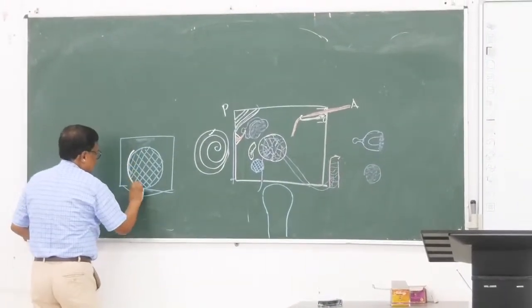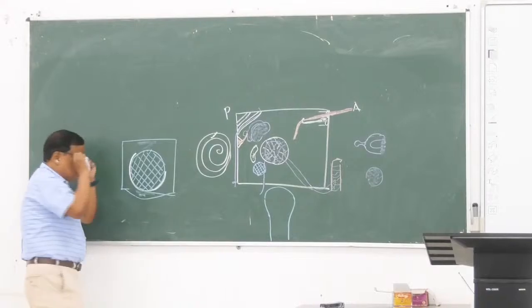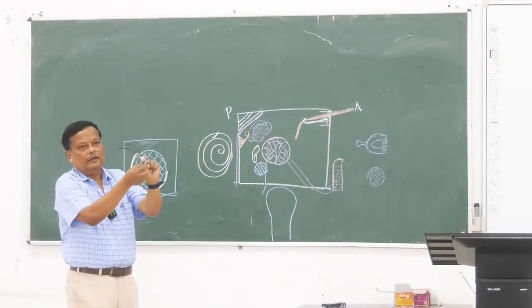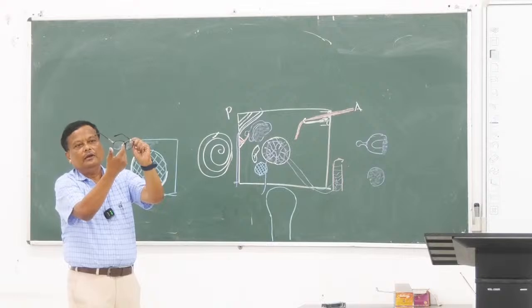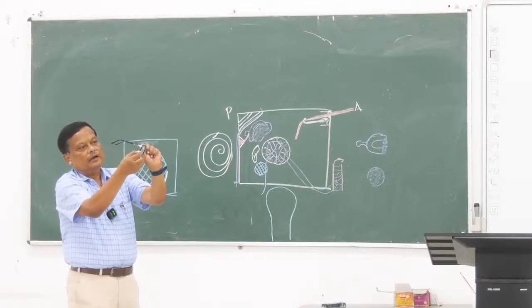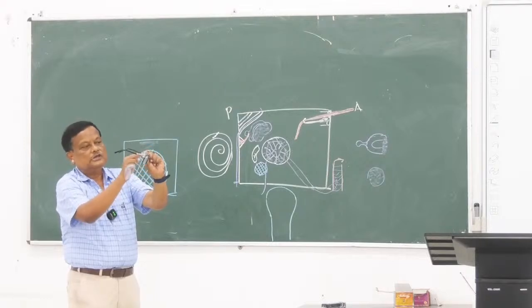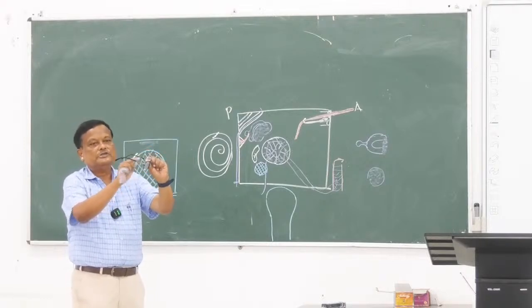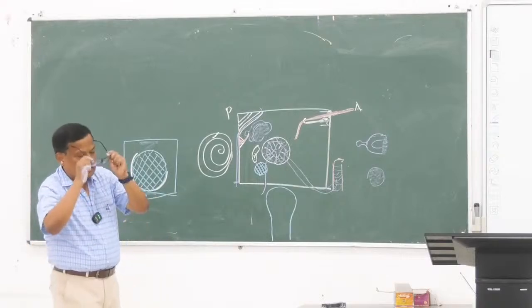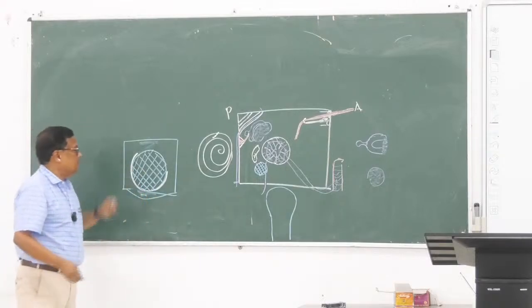Just like spectacle glass is fitted within the frame, suppose the glass is the tympanic membrane. This tympanic membrane is fitted within the bony ring. At the upper part, this bony ring is absent. Right. What else is important about the tympanic membrane?